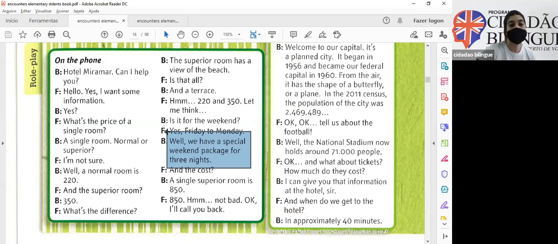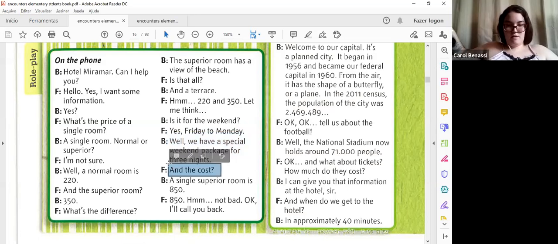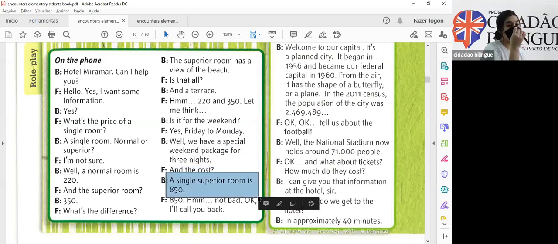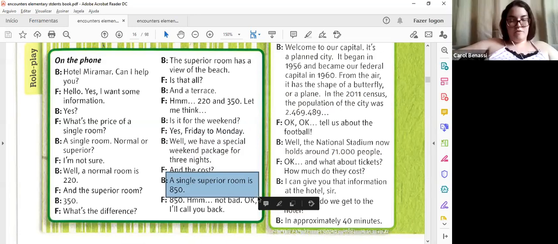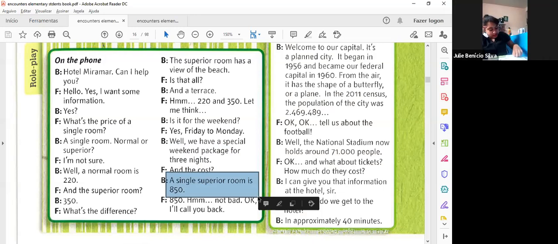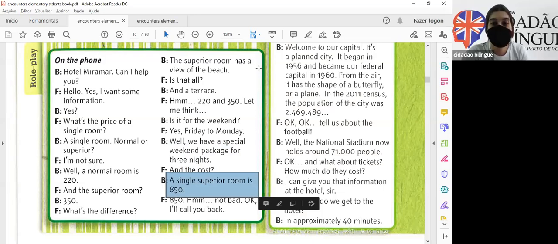Yes. And the cost? A single superior room is 850.